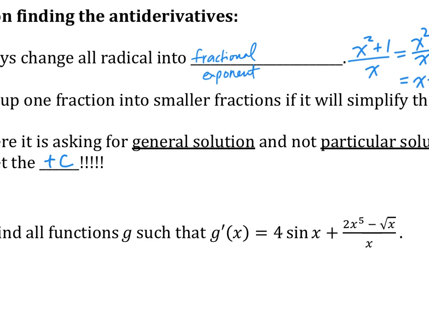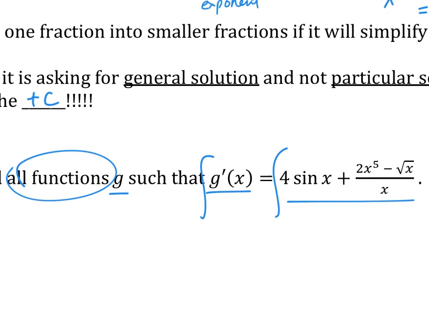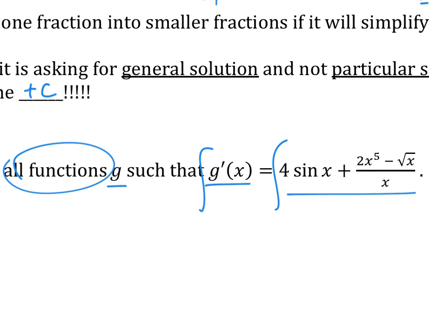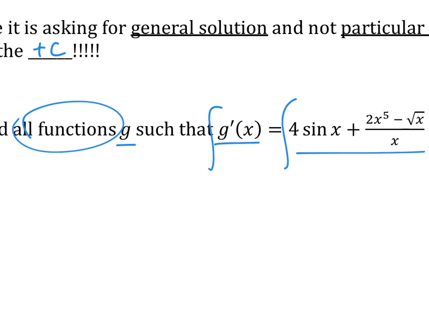Okay, let's try this one. Find all functions G so that G prime is this. If we want to get to G from G prime, we need to integrate, right? You're going backwards. So let me write this whole thing out very clearly.